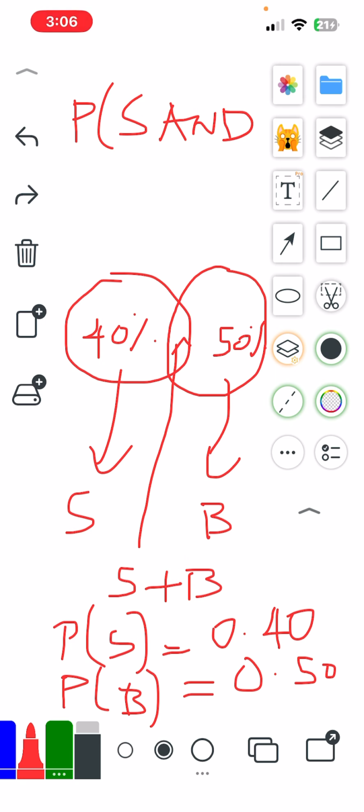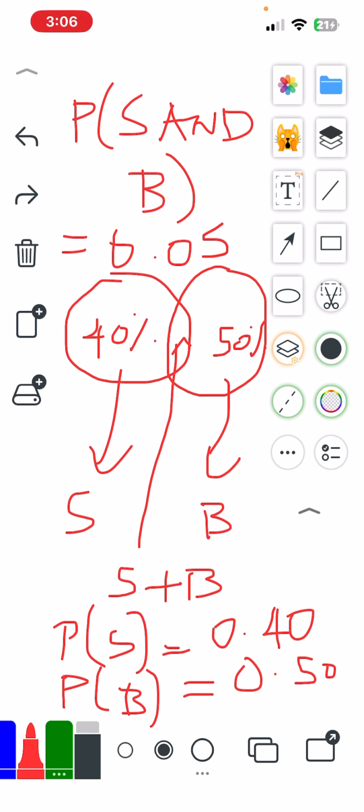In this case, this will be 0.05, because 5% of each category play both the sports.